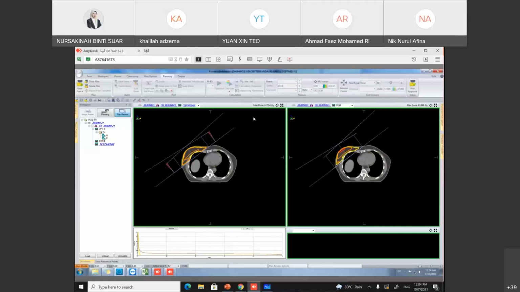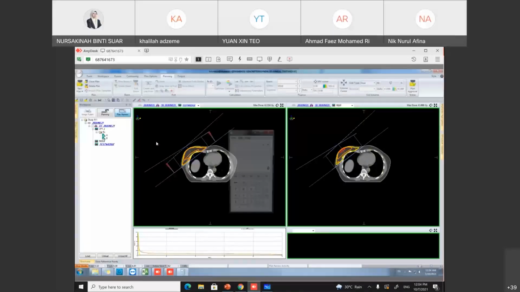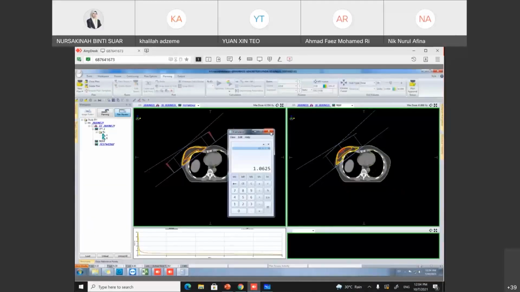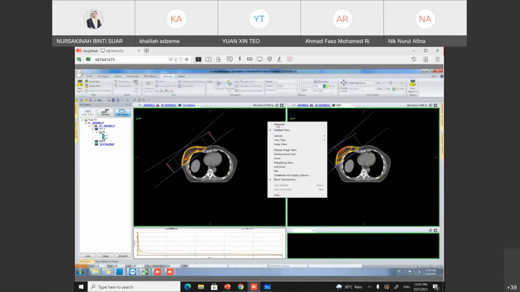So my maximum dose is now 42.5 gray. 42.5 gray divided by 40 is 106%. So it's already fulfilled our criteria. So the wedge plays a very important role in the field technique.